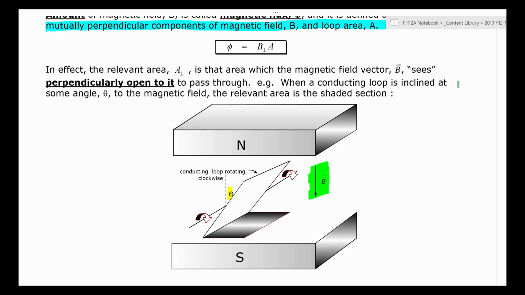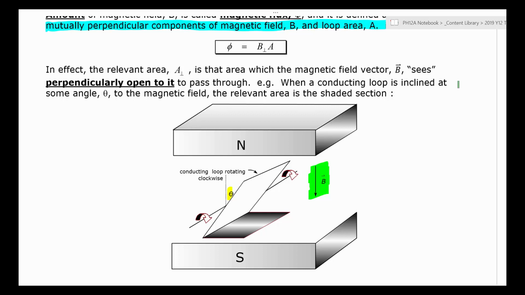But if you rotated your hand to, let's say, the horizontal now, you'll notice that all of your palm is open to the magnetic field lines, to be able to point through your loop, or effectively the area of the loop.